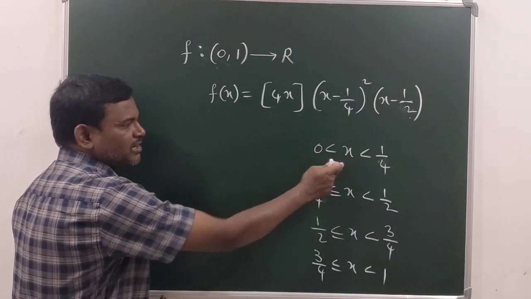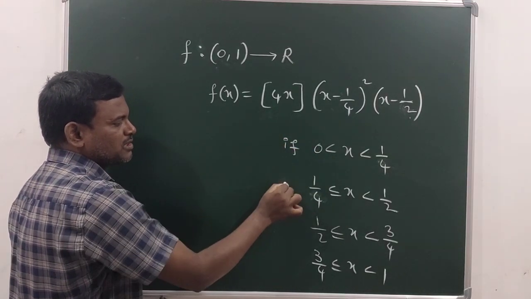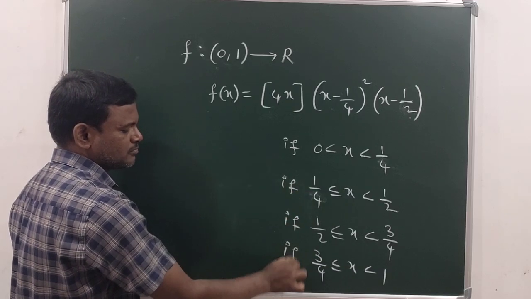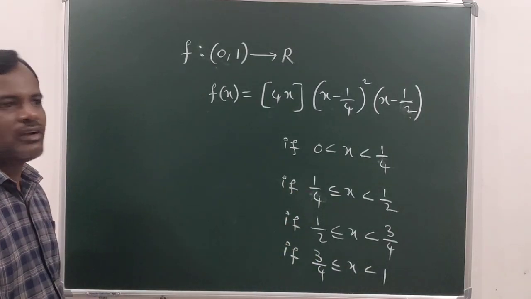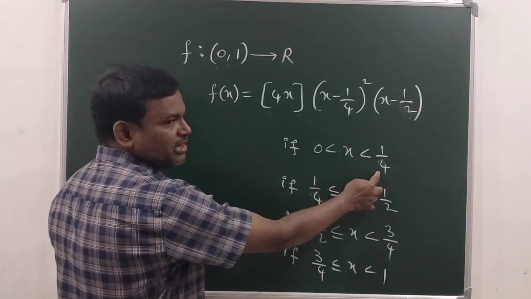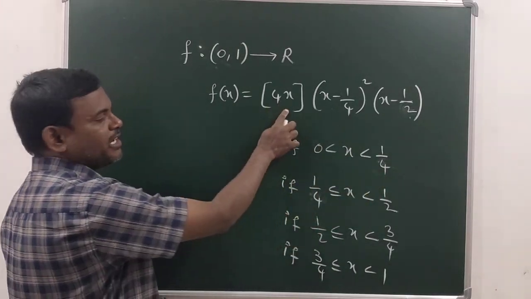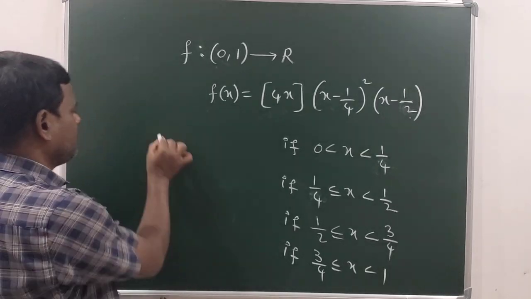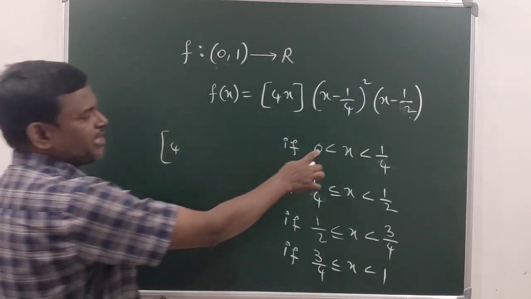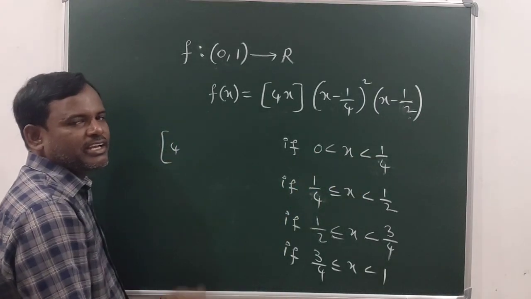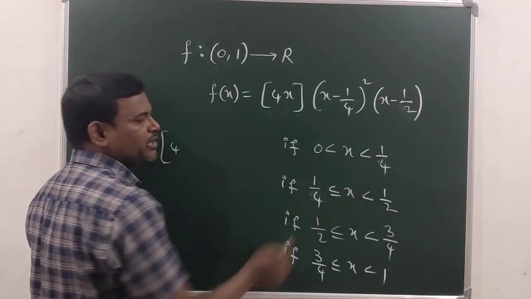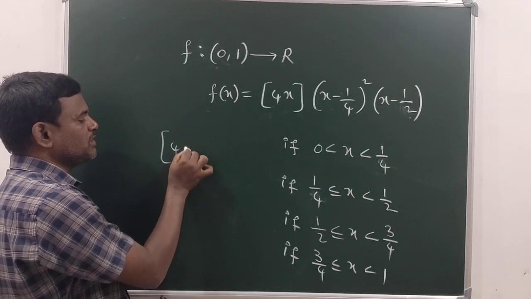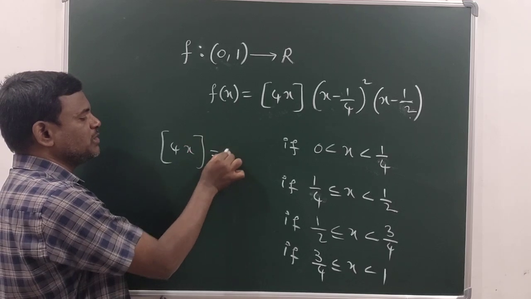Now in the first interval, if x belongs to it, how much is the greatest integer of 4 into x? If you take any real number from here to here, tell me students, this greatest integer of 4x is going to be 0.